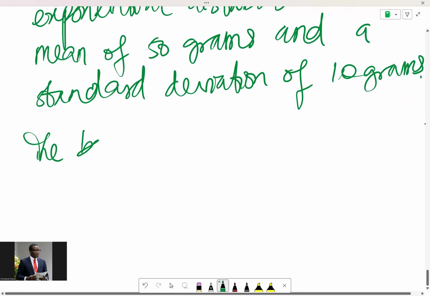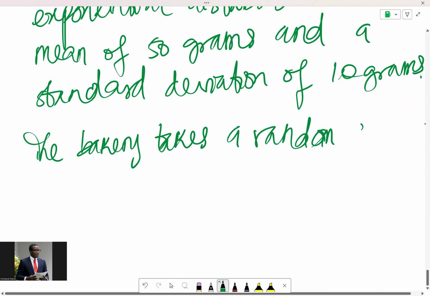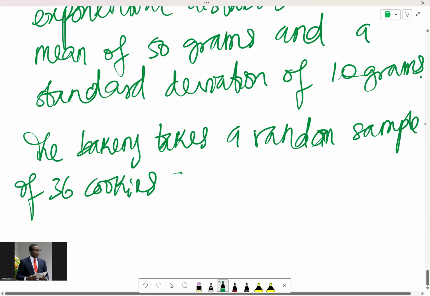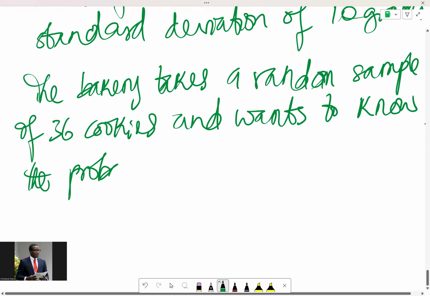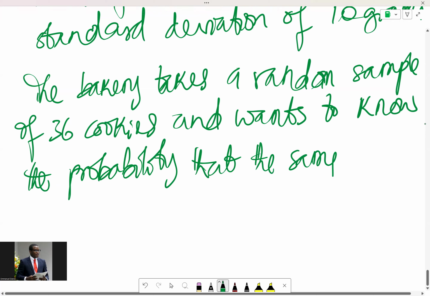So the bakery takes a random sample of 36 cookies and wants to know the probability that the sample mean will be less than 52 grams.